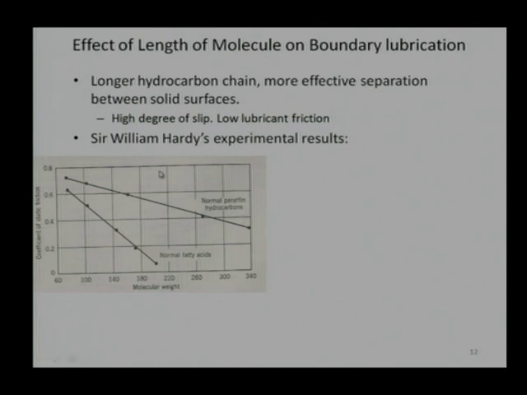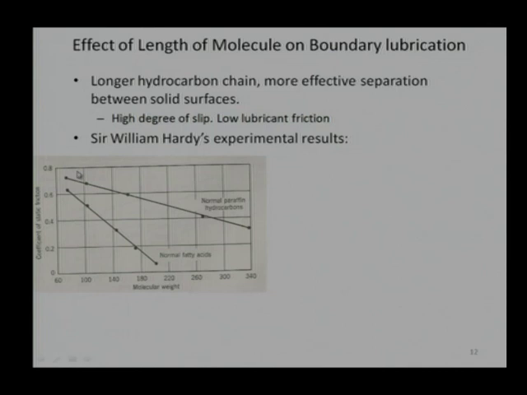These are the experimental results from Sir Hardy's experiment. We say that as the molecular weight increases, the coefficient of friction decreases. It may also happen with normal paraffin oils or normal mineral oil, but the reduction with a boundary lubricant is much more significant.